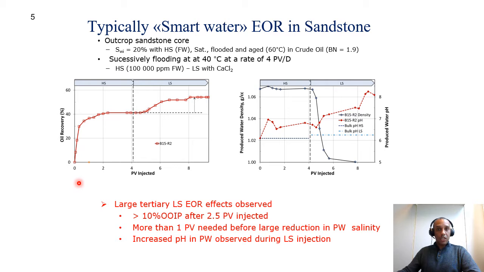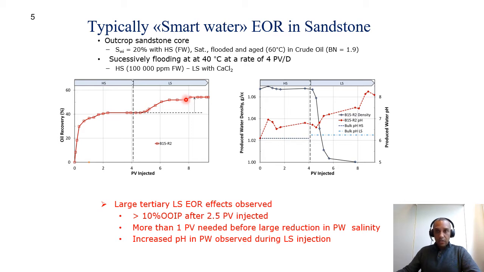Here we can continue the explanation of smart water in sandstones. What we see when we flood smart water or low salinity in this case in tertiary mode, is a small delay, but then the process starts and extra oil production is observed.